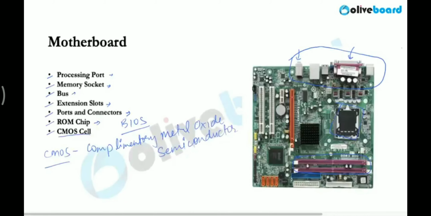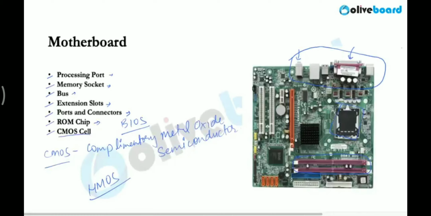This is the full form of CMOS. We also have other types of MOS cells, basically called HMOS or hybrid MOS. These hybrid MOS are, say, more efficient than CMOS. So these are some important parts on the motherboard.